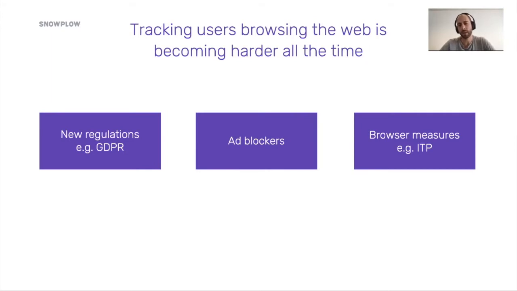And the third category of obstacles to web tracking are measures taken in the browser by the browser owners themselves, notably Safari and Firefox. In Safari's case, those measures come under the ITP, intelligent tracking prevention initiative.